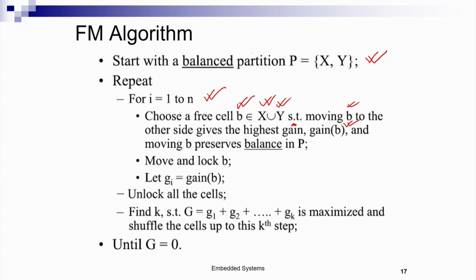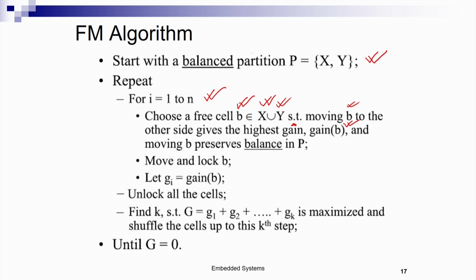The gain is in terms of minimizing the execution time of what? Let us say I have this entire application N1 which calls N2, N3 and N4, as we saw, and N1, N2, N3, N4 can each be implemented in hardware or software. So, moving this cell represents the moving of N1, N2, N3 or N4, any one of them, from hardware to software or from software to hardware, such that this movement gives me the highest gain.